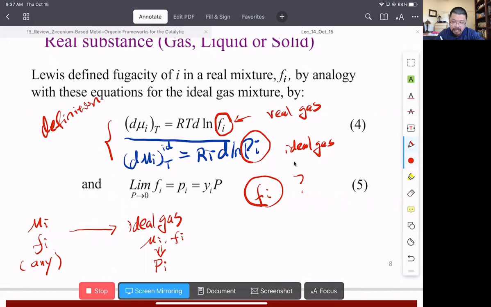When we look at the fugacity definition, we need to add this condition to complete the definition: if you push the pressure back to zero, moving back to the ideal gas region, then the fugacity could be replaced by the partial pressure. This is how we come up with the idea of defining fugacity. Is that clear?